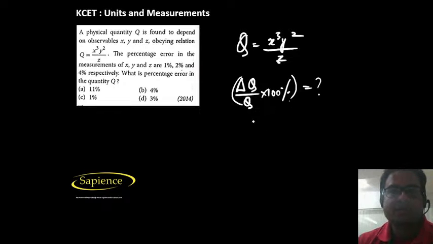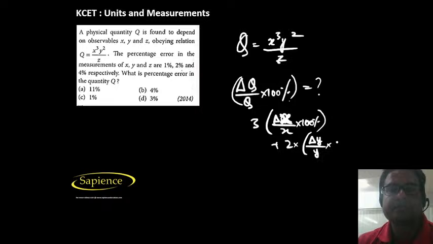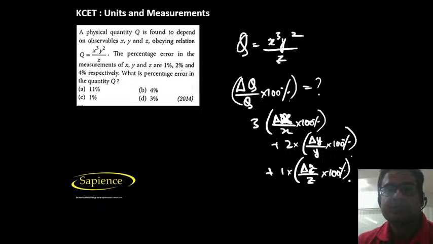So that will be equal to 3 into the percentage error in the physical quantity X plus 2 into the percentage error in Y. Since X has the exponent 3, Y has the exponent 2, and Z has the exponent minus 1, you should write plus 1 into the percentage error in the measurement of Z. So that will be 3 into 1% plus 2 into 2% plus 1 into 4%.